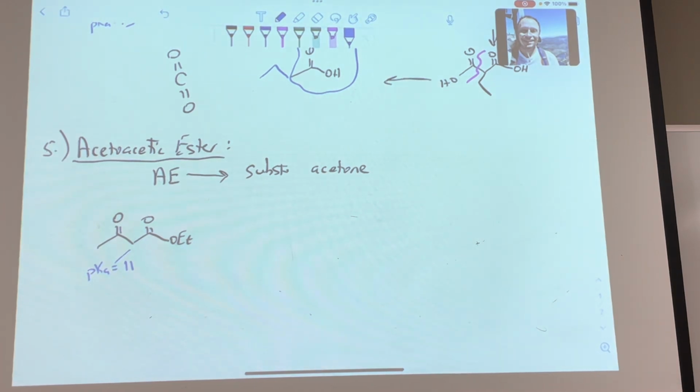So we're still going to start this by treating it with an ethoxide base. It's going to do the same thing, convert the acetoacetic ester into its anion, which is nucleophilic. And now we throw in whatever we want to substitute.